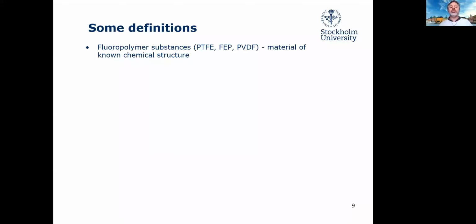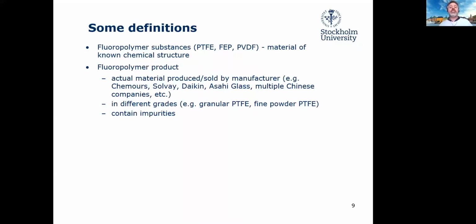So first of all, fluoropolymer substances, those are the things that I talked about, things like PTFE, FEP, PVDF. They're the material of a known chemical structure. But then we have the fluoropolymer products, which are the actual products which product manufacturers buy, which are made by various companies, and these are some of the companies that make fluoropolymers: Chemours, Solvay, Daikin, Asahi Glass, and multiple Chinese companies.